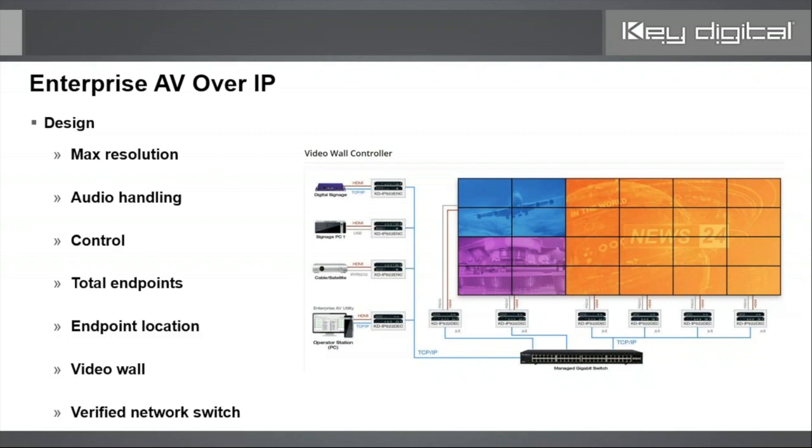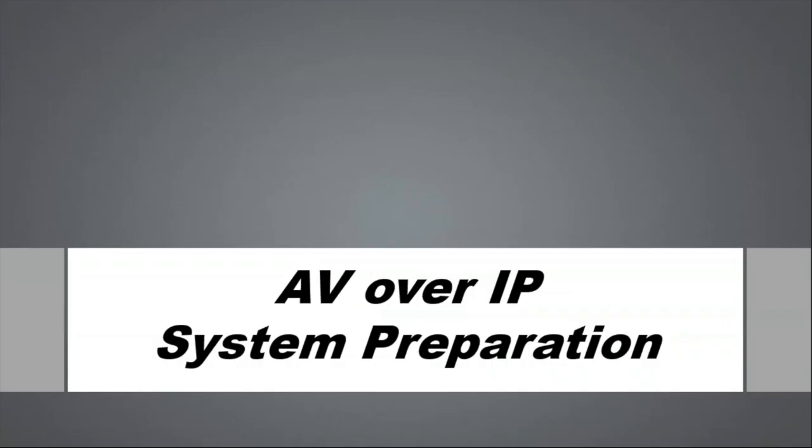It will have to be 10 gig, 20 gig, 40 gig, and those become quite expensive. So you need to know what you're working with ahead of time. Will you add a video wall? And of course, most importantly, the final bullet point here, you must work with a verified network switch. We'll show you more information on that in a moment.